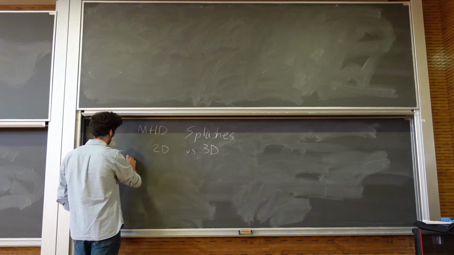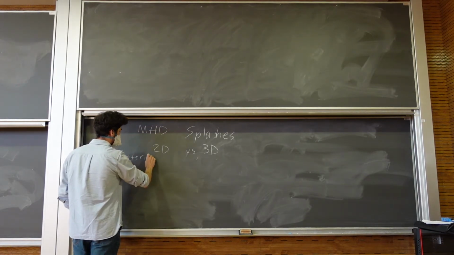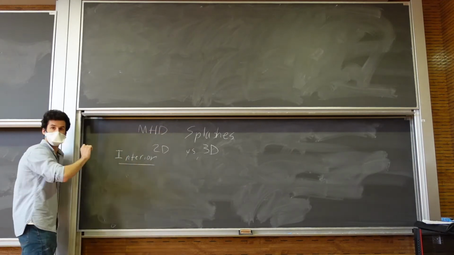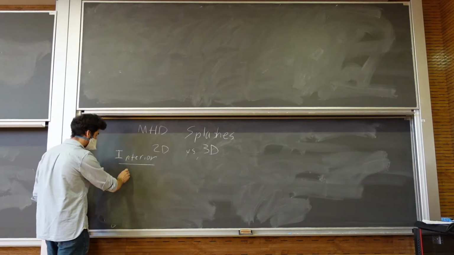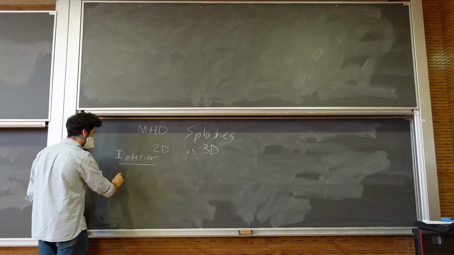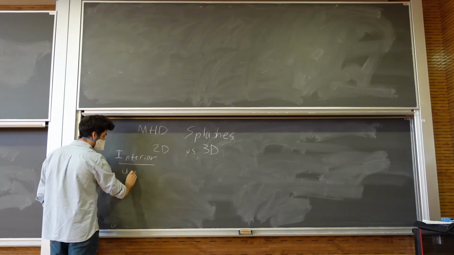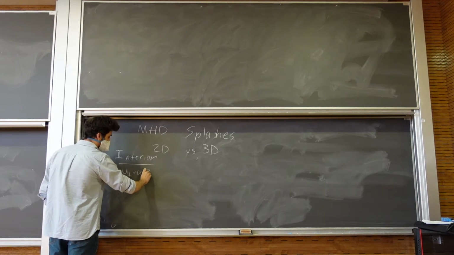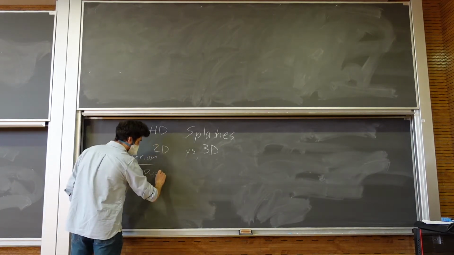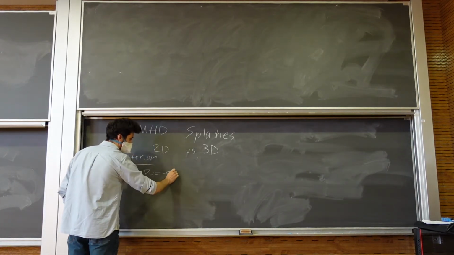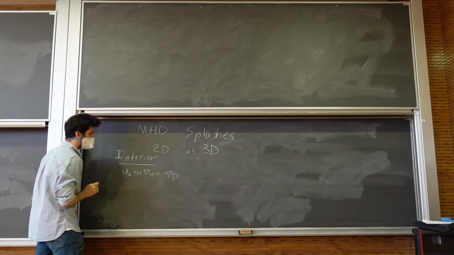So in this case, we have a set of equations in the interior in particular, and those are given by the equation for the velocity field u. So I have the time derivative of u plus u dot grad u, and then the forces on the right-hand side are the gradient of the pressure as usual.